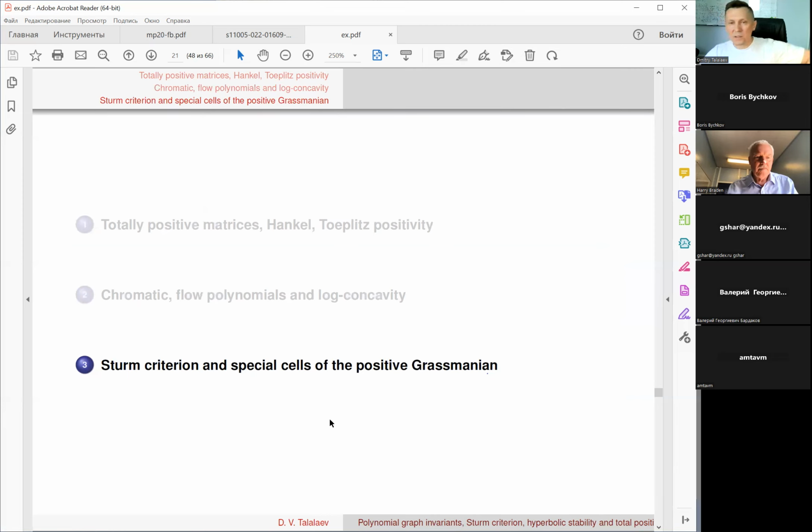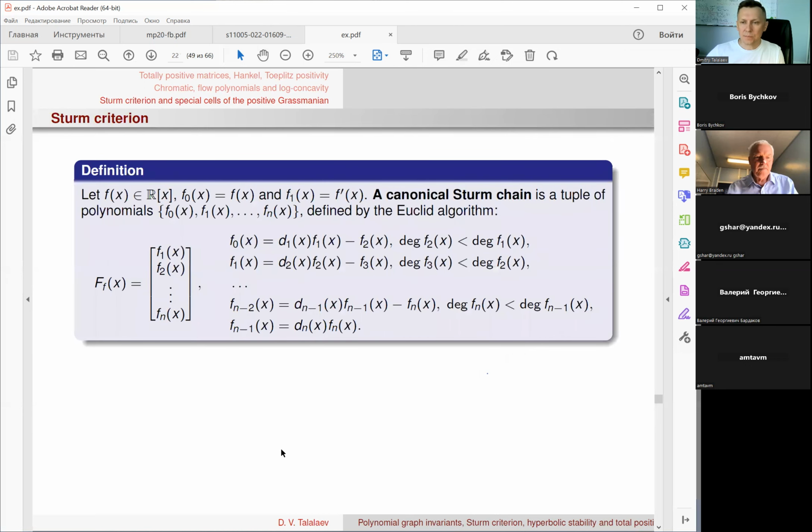And the next part of my talk is devoted to the appearance of the notion of total positivity in the problem of localization of zeros of a real polynomial. I'd like to recall the familiar Sturm criterion. Let f be a real polynomial. One constructs the Sturm chain.